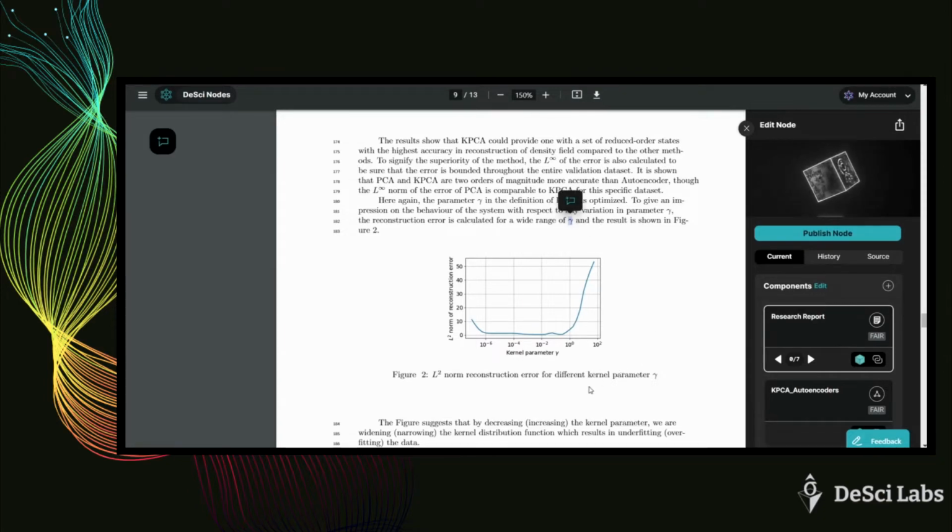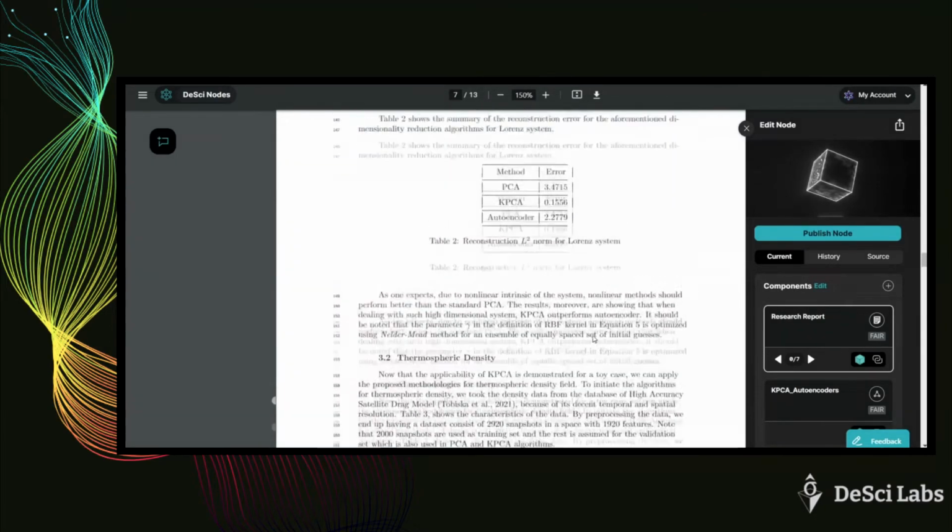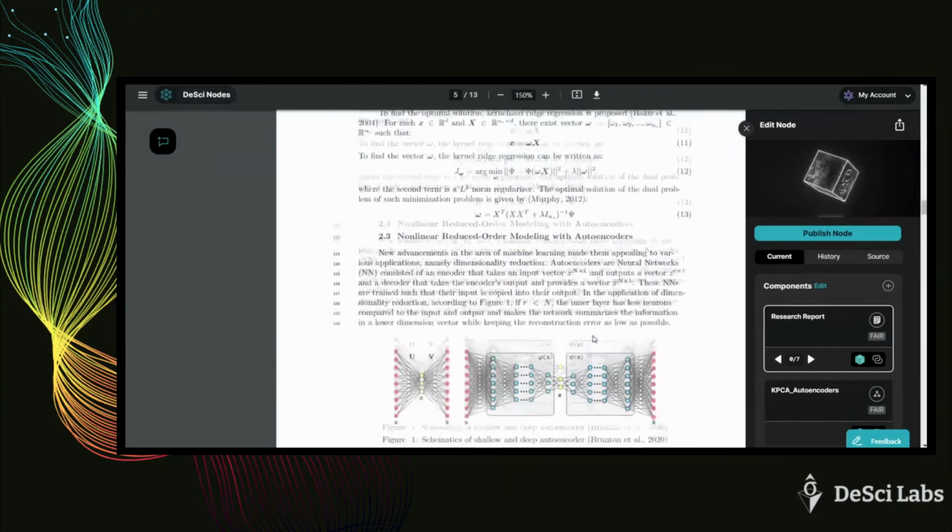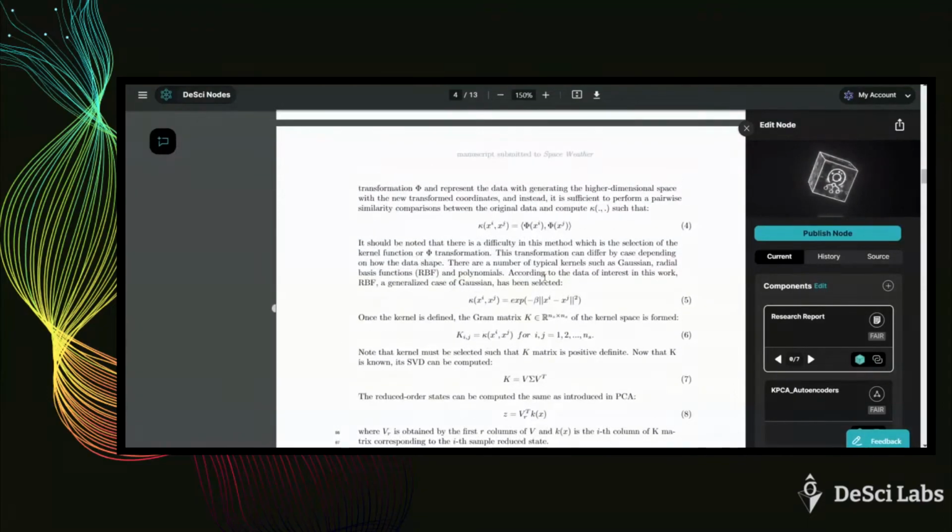And the point is that as we increase this kernel parameter, if you remember, I said this kernel parameter is multiplied by the norm of x minus y squared, which is the same as decreasing the variance. So let me come back here. This beta is the gamma that I showed you later.